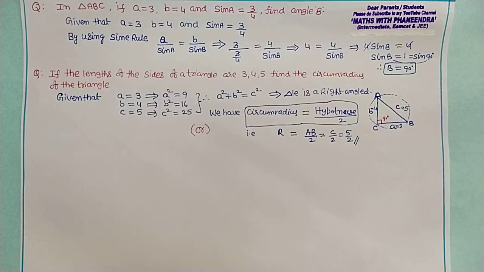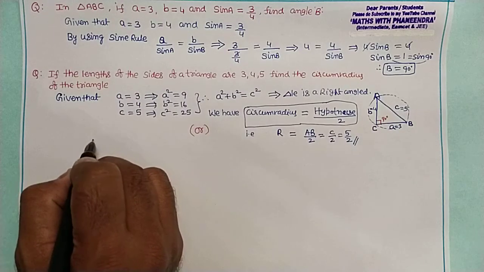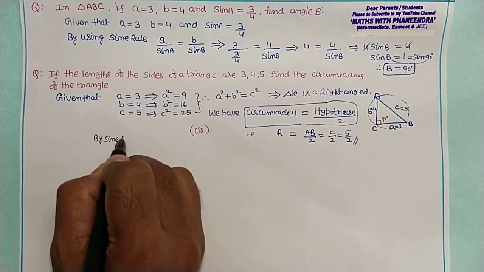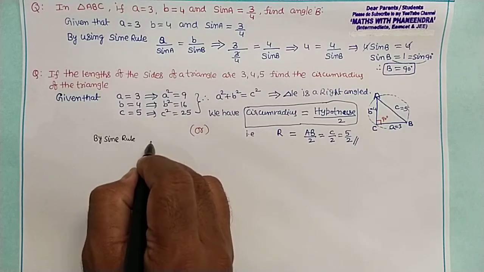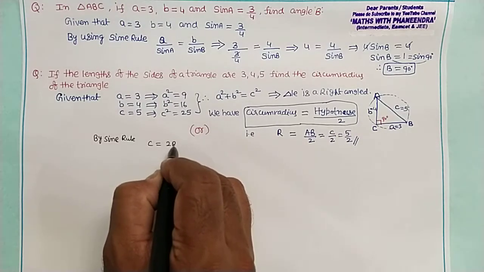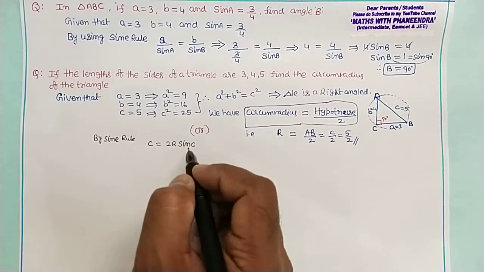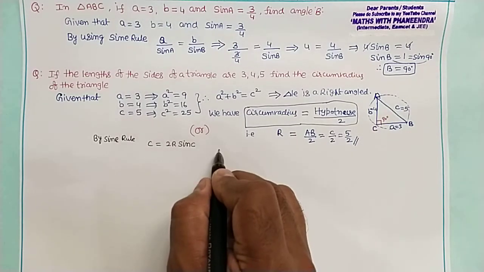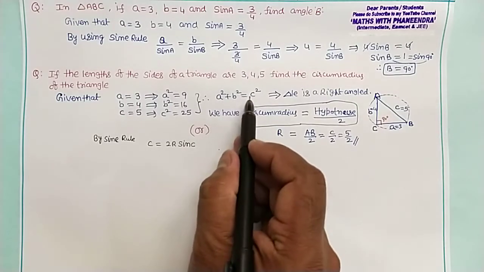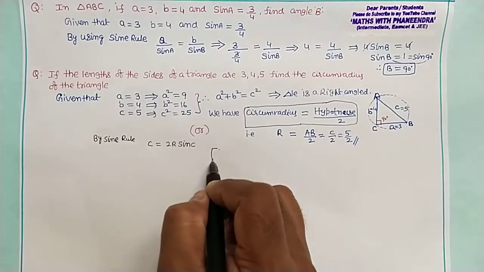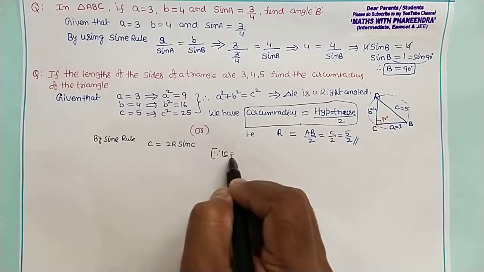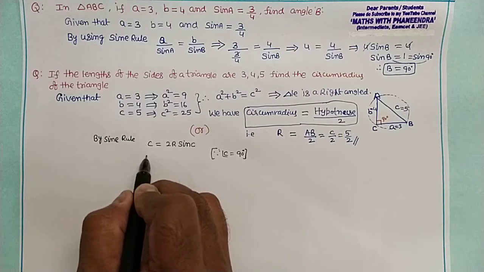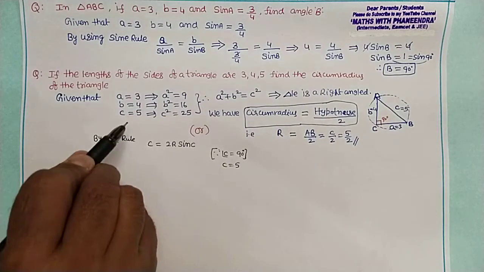So whenever C is 90 degrees, by using the sine rule, we have c is equal to 2R sin C. Since angle C is 90 degrees, the c value is equal to 5, given c is equal to 5.